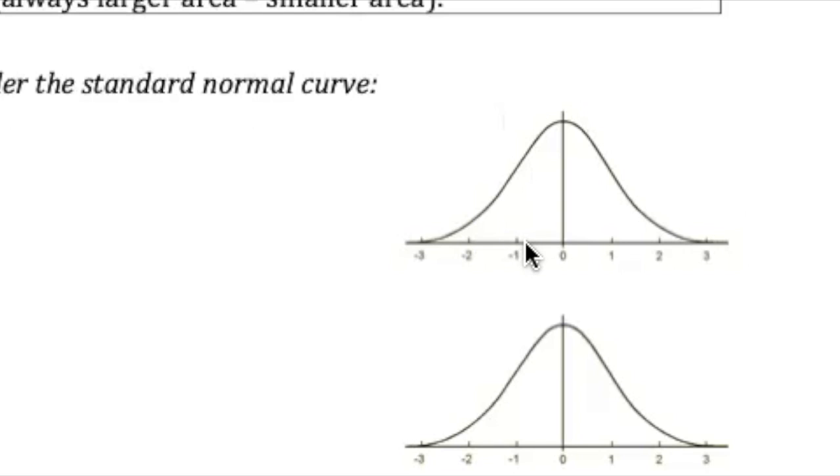Negative 1 is right here, so negative 0.99 would be just barely to the right of that. So this is where my z is located. And when I look this up in the standard normal table, the decimal I get corresponds to this shaded area. The table always shows the area to the left of the z-score. So all I need to do is go look that number up in the table.